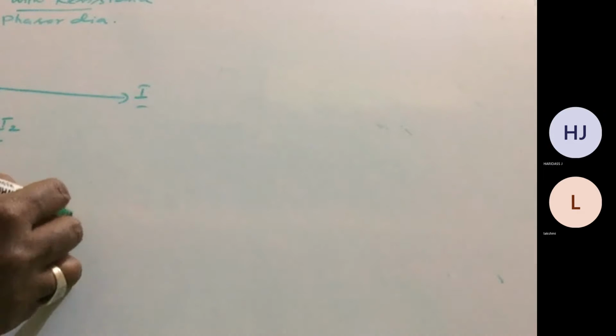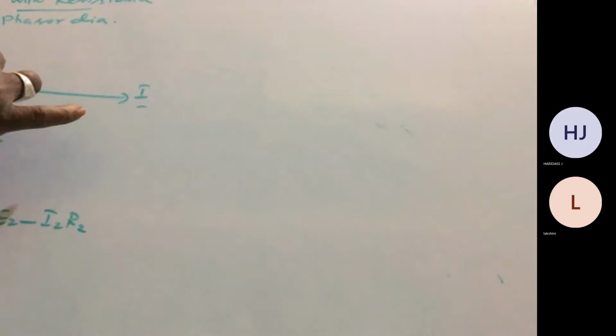Okay. So what about V2? So E2 and I2 will be in phase. Suppose the magnitude of I2 will be this, and the magnitude of E2 will be this. So what about V2? V2 is equal to E2 minus I2 R2. So from that E2, you have to subtract the value of I2 R2.